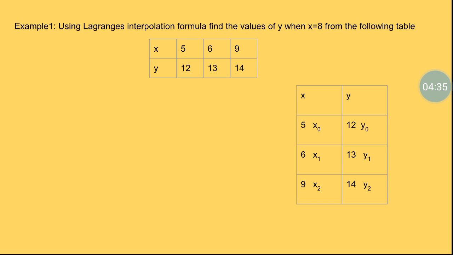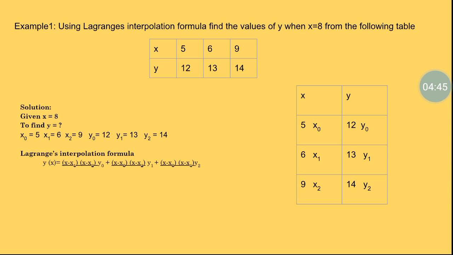Now here we have 3 values, hence Lagrange's formula will have up to the first term, second term and third term. That is, the first term multiplied with y0, the second term multiplied with y1 and the third term multiplied with y2. After you complete writing the formula, we substitute all the values which are given to us in the table and the value of x which is asked in the question, x is 8.